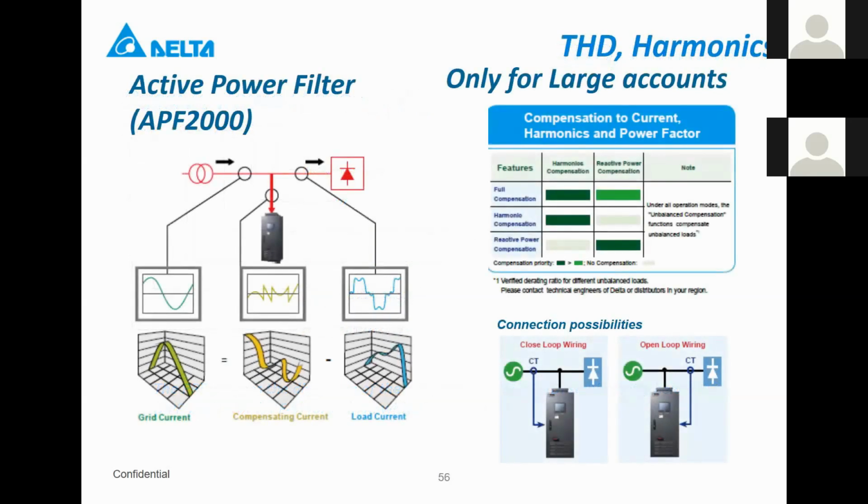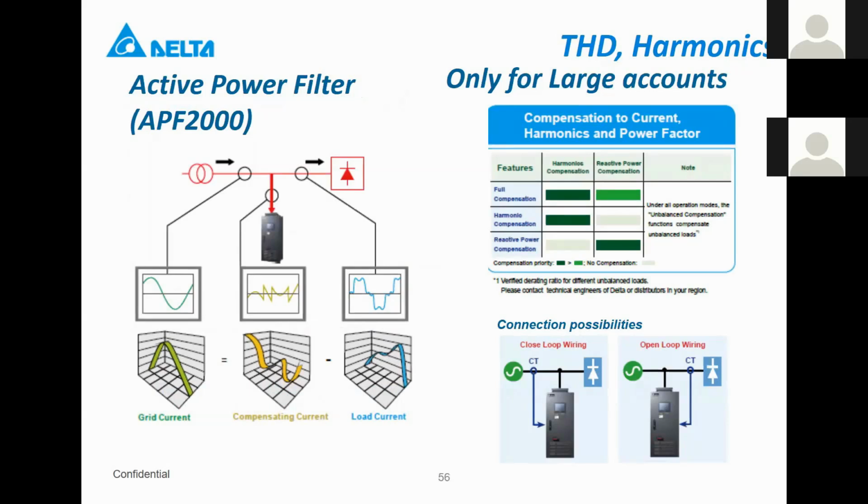The next one is an active power filter, an APF. We only use this for large accounts because it is always difficult to tell people how it works, how to program it. And if you have to tell every time for one unit, it costs a lot of time.